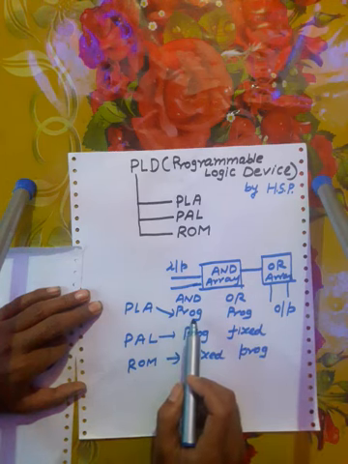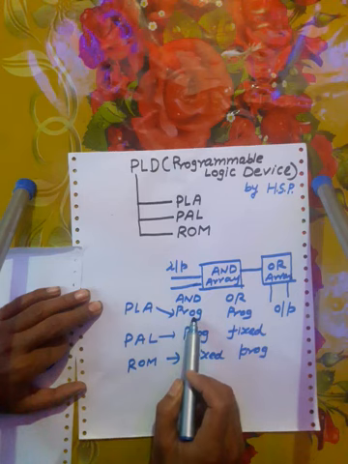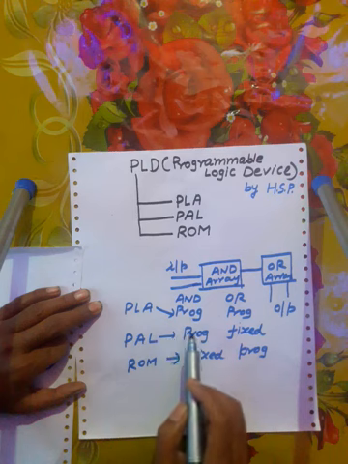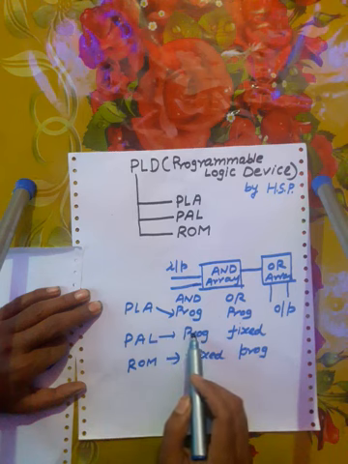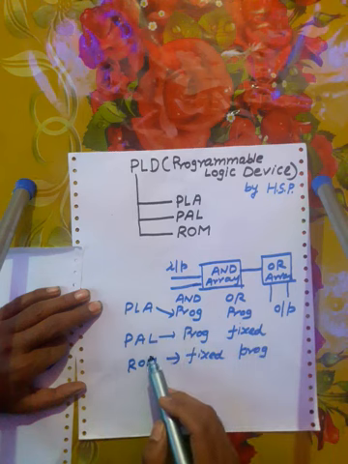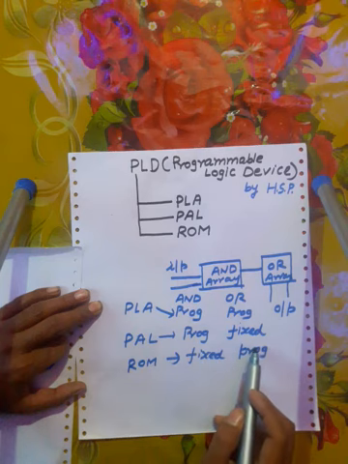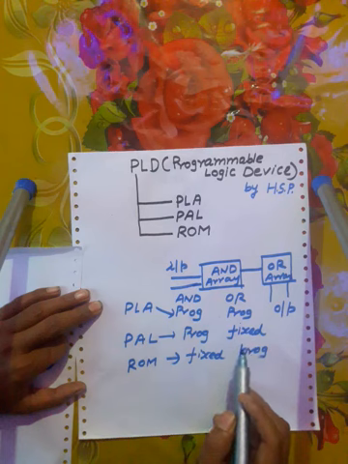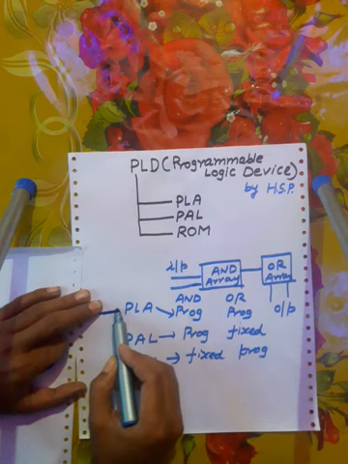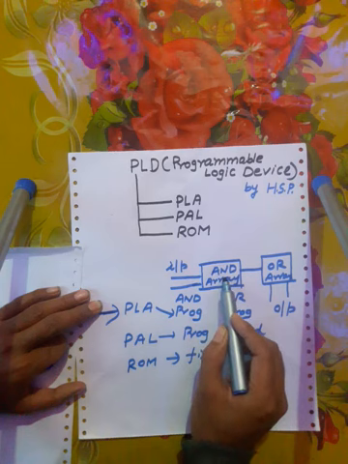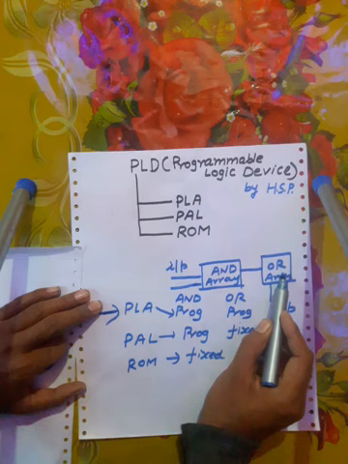In PLA, AND is programmable, OR is also programmable. In PAL, AND is programmable but OR is fixed. In ROM, AND is fixed and OR is programmable. Okay, what is PLA? In this, a programmable AND array is followed by a programmable OR array.